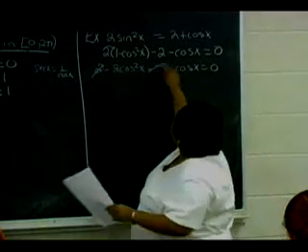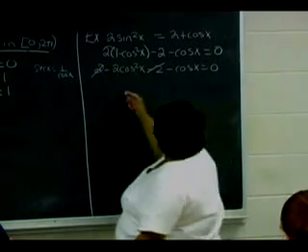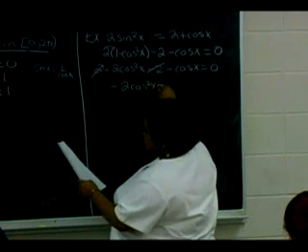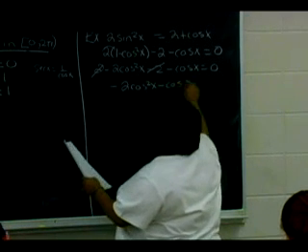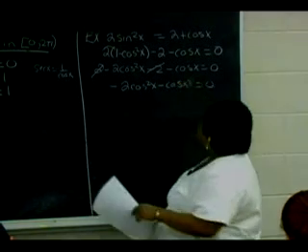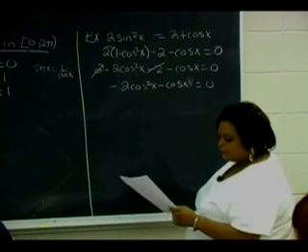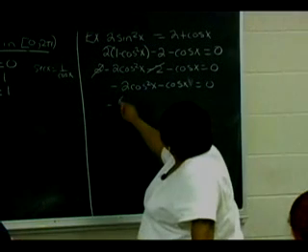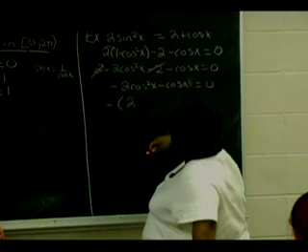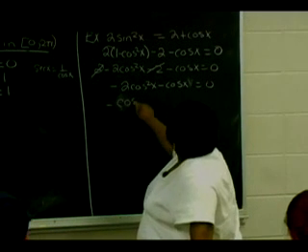This 2 and that negative 2 cancel, right? So I'm left with negative 2 cosine squared x minus cosine x. What can I do here? I can factor out a negative cosine.